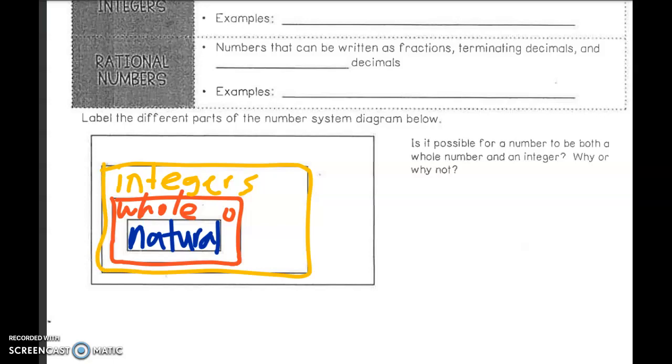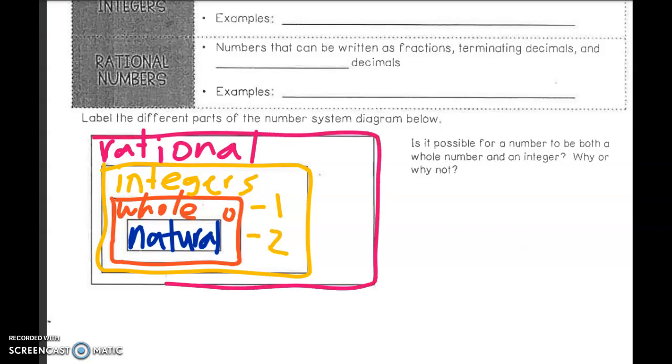That includes all the whole numbers and the natural numbers, and then you're just adding the opposites like -1, -2, and so on. So that includes all whole numbers, all natural numbers, plus those new ones. And then the last one that we're talking about is rational numbers. Again, notice it includes integers, whole numbers, and natural numbers. That's all inside that box.